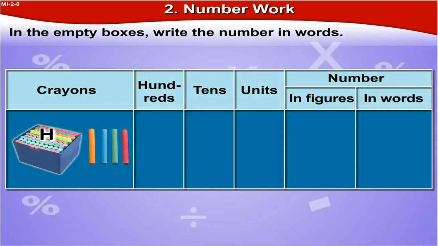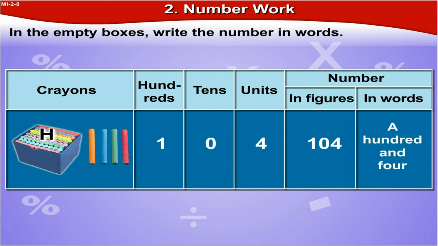Now the next picture has a box of 100 crayons and 4 more crayons, which means it is 1 hundred, 0 tens, 4 units. In figures it would be 104 and in words one hundred four.